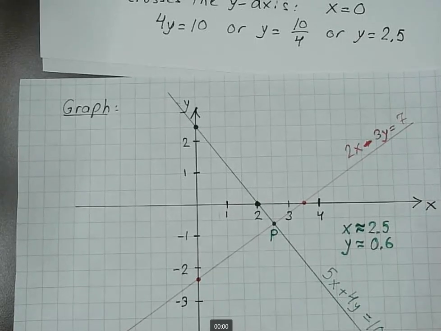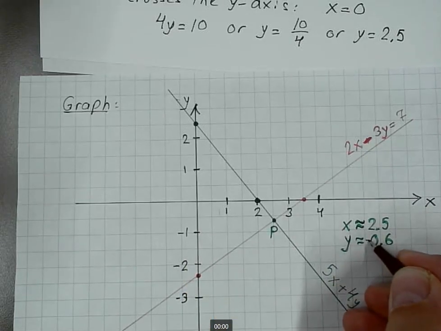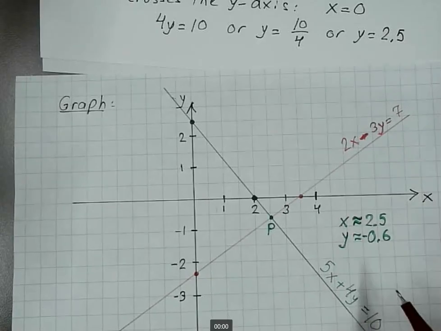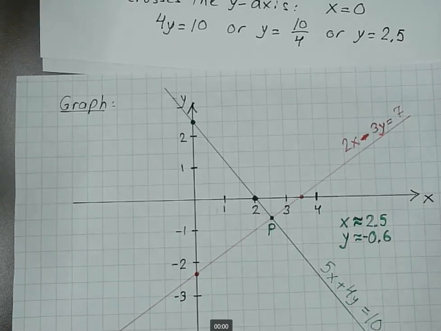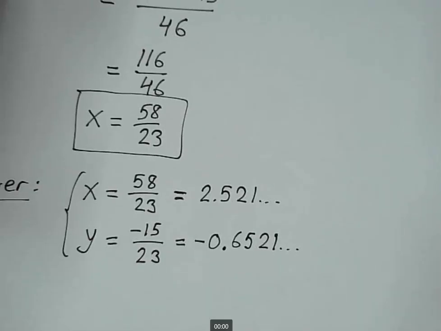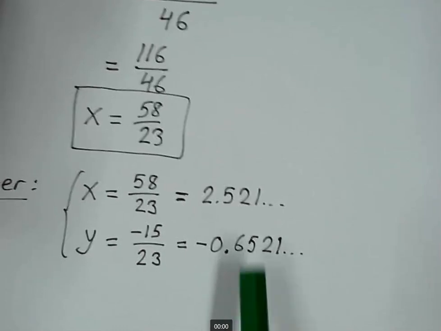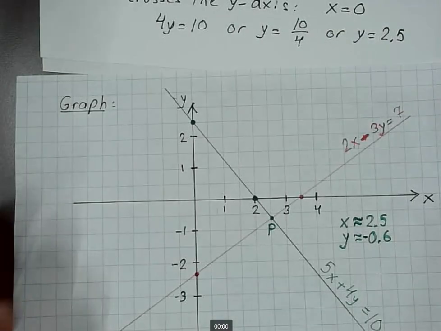And it was hard to decide if, oh sorry, it is minus. It is below the horizontal axis, so it is minus. Sorry about that. Minus 0.6. It was hard to decide whether I will choose 0.6 or 0.7, and when I see the exact result, it was quite nicely between 0.6 and 0.7, so minus 0.665 was the exact value.